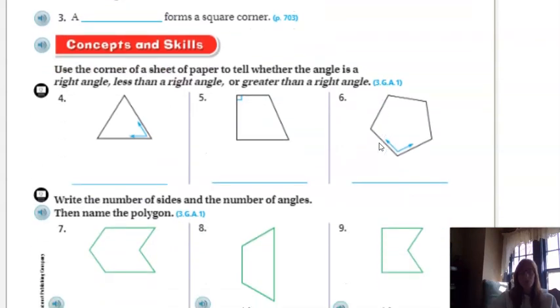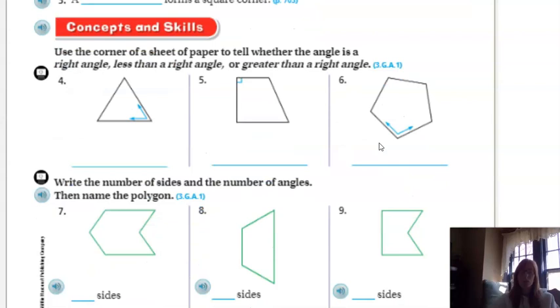So we're going to move on to our concepts, and it says to use the corner of a sheet of paper to tell whether an angle is a right angle, which has a little square in the corner, is less than a right angle, which is an acute angle, so it's inside of a right angle, or greater than a right angle, which is an obtuse angle.